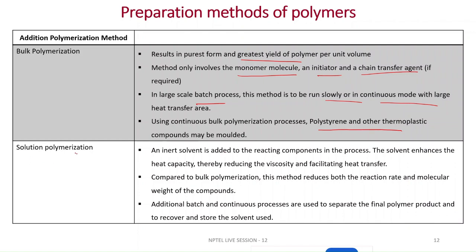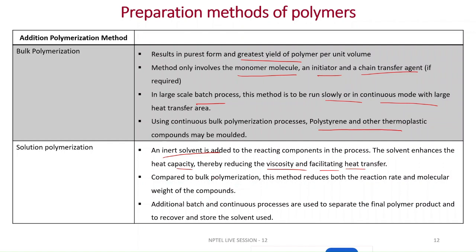Next type is solution polymerization, which also comes under addition polymerization. There an inert solvent is added into the reaction. The solvent enhances the heat capacity, thereby reducing the viscosity, and also enhances heat transfer.